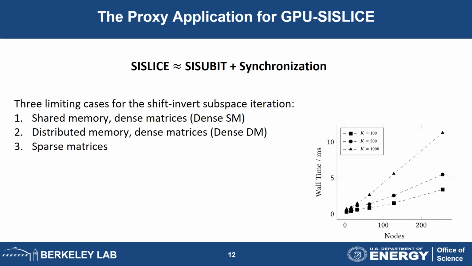In the context of sparse matrices, we're going to limit our discussion of GPU implementations of the Shift-Invert subspace iteration to use the SuperLU or SuperLU_DIST library. Because SuperLU_DIST is a distributed memory sparse linear solver, we do not make the distinction between shared and distributed memory sparse Shift-Invert subspace iteration in this talk.